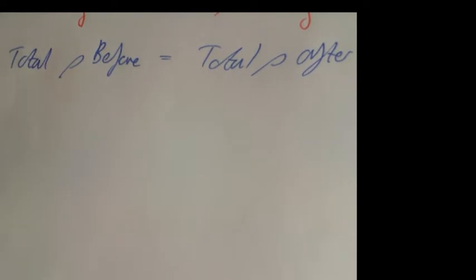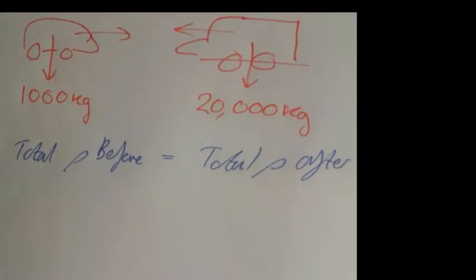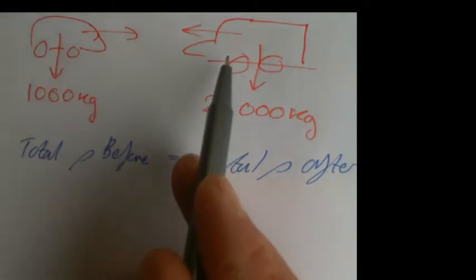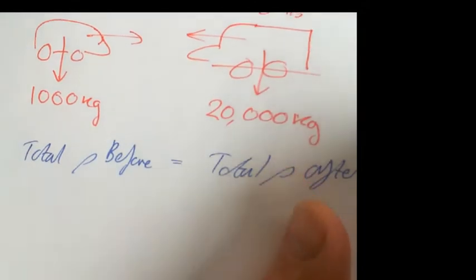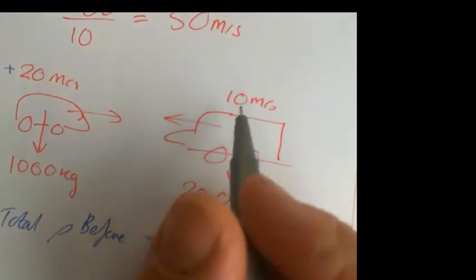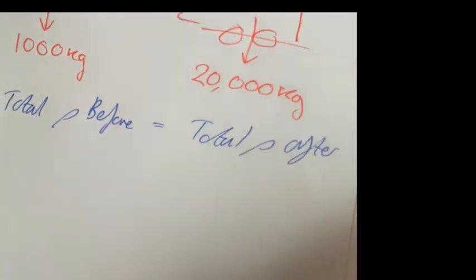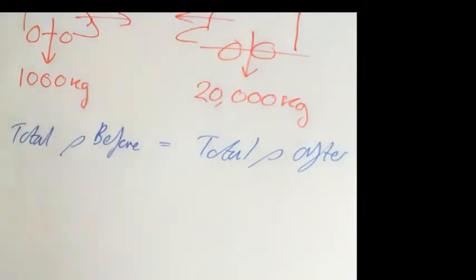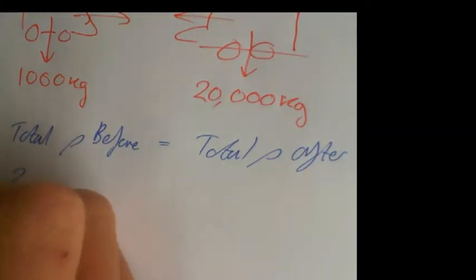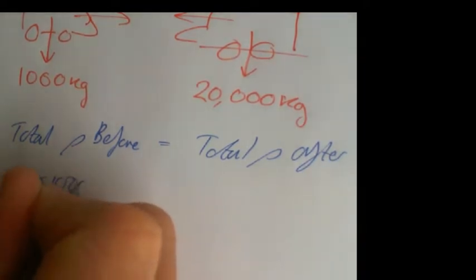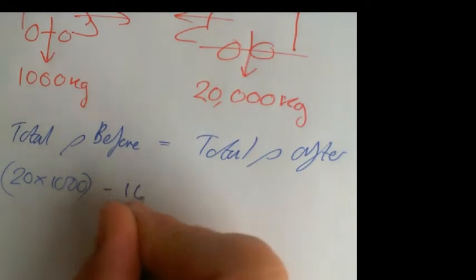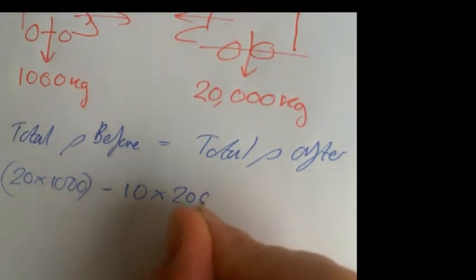Well, we have to remember our convention from the last example. So this one is going to the right, so this one has got positive 20, and this one is going to the left, so this one has negative 10. So our total momentum before is going to be 20 times 1,000 minus 10 times 20,000.